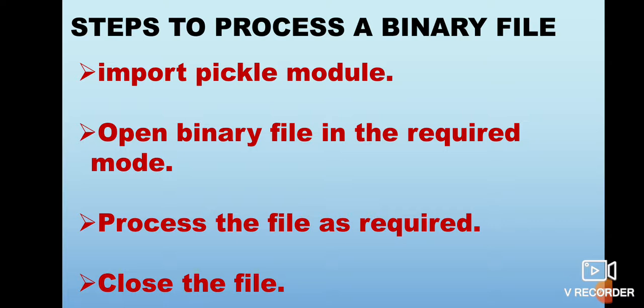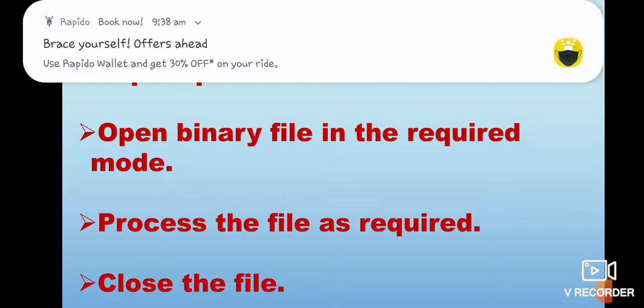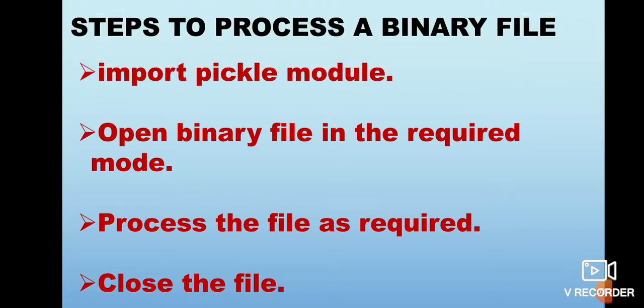Then the next step is to open the binary file in the required mode. You know that whenever you are opening a file, you have to specify the purpose for which you are opening that file. Whether you are opening it for writing, for reading, or for appending new objects, all these are specified with the help of modes.